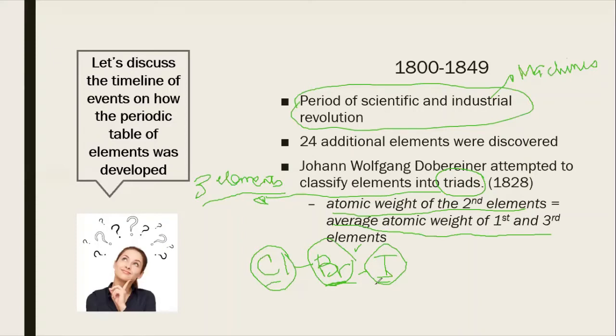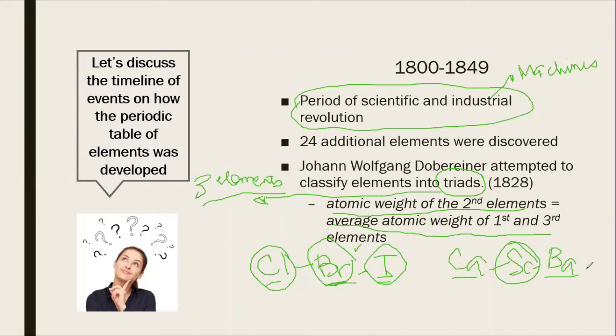Okay, so I'm just going to give you 2 samples. Okay, so we have another set is the calcium, strontium, and we have the barium. Okay, so nasa isang group din sila. Sabi ko nga dun sa ating konsepto ng triad, itong nasa pangalawa is actually the average weight of calcium and barium.